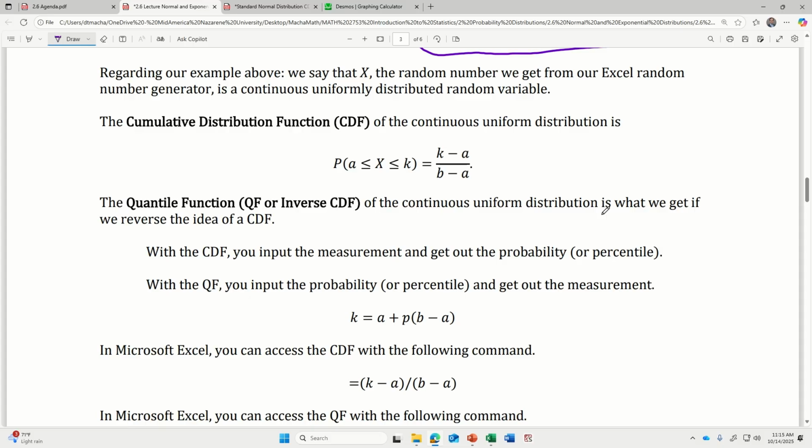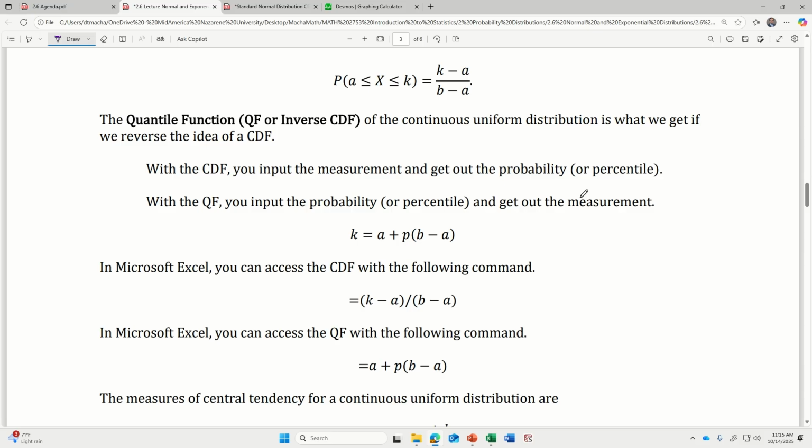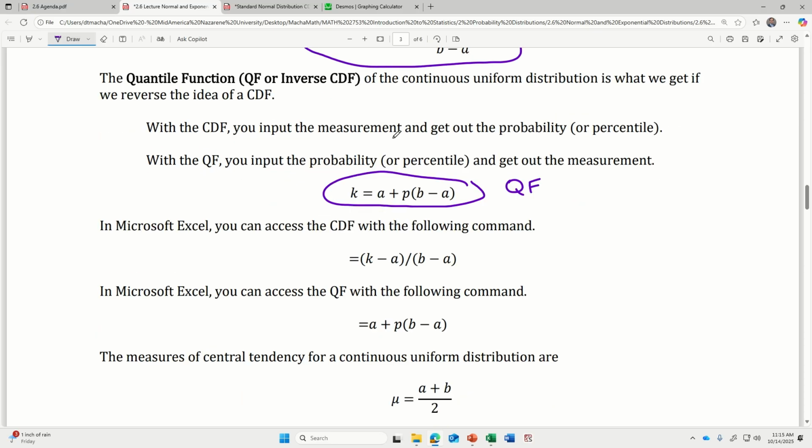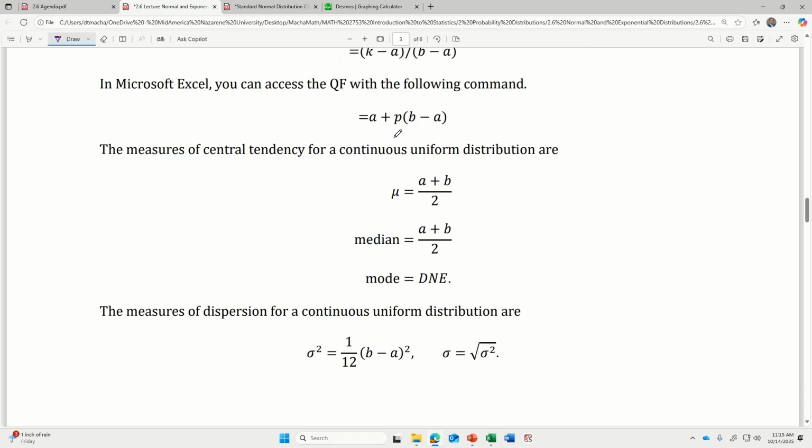That's just something you can type into your calculator. So I would make sure you've got this written down somewhere for the CDF of the continuous uniform distribution, and here as the quantile function of the continuous uniform distribution. If I'm going too fast, remember you can always go to the website and pull up these lecture notes later.